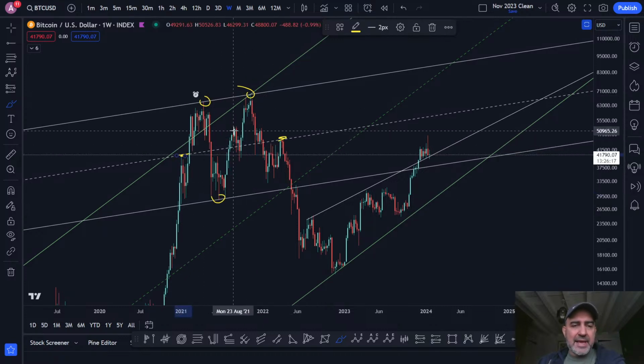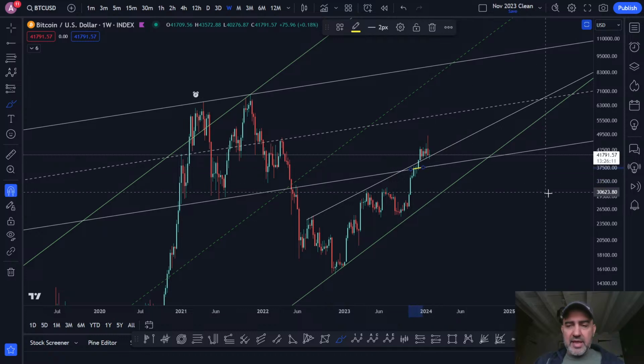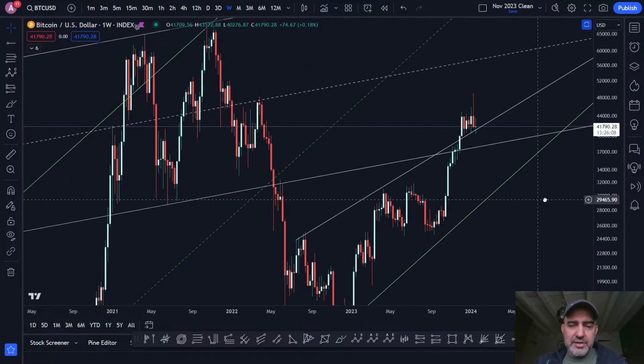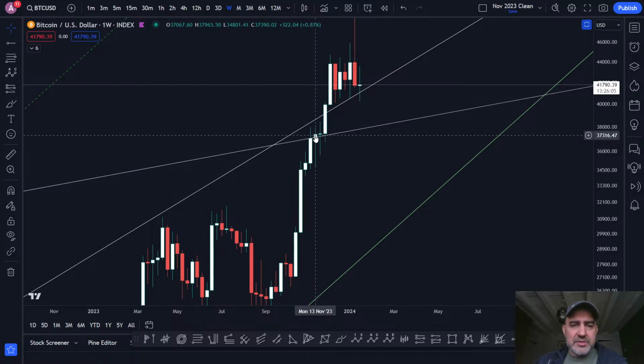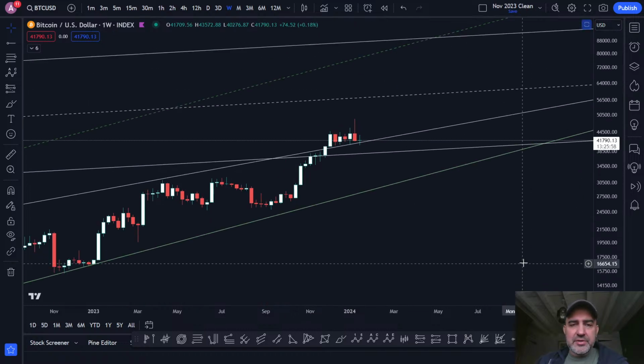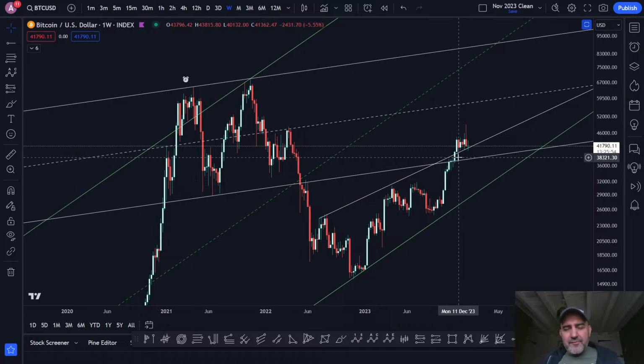We've come above it now, and it wasn't easy to get above it. It took potentially just over 2 weeks to get through it. It requires a lot of strength in the market.